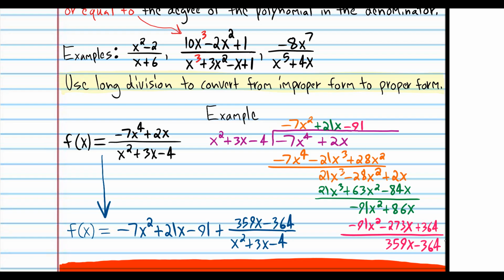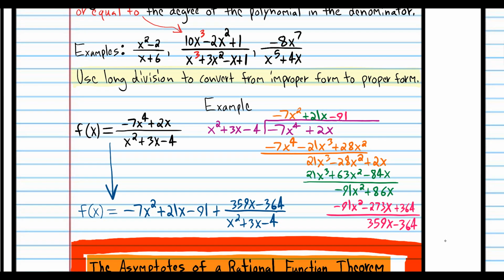of the expression. So here we have a rational function, and you can see that it's in improper form because the degree in the numerator, which is 4, is greater than the degree in the denominator. The degree of the polynomial in the denominator is 2. So what we do is we convert to this expression here, and that will help us to understand what's going on with the graph.